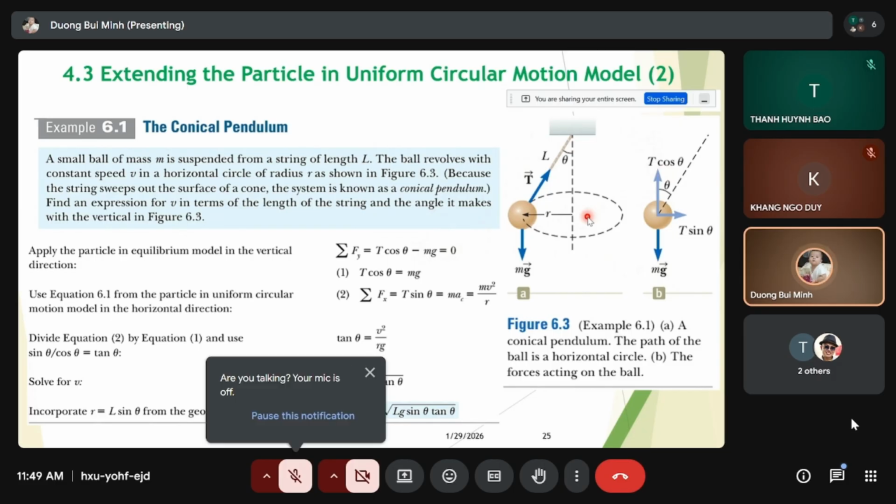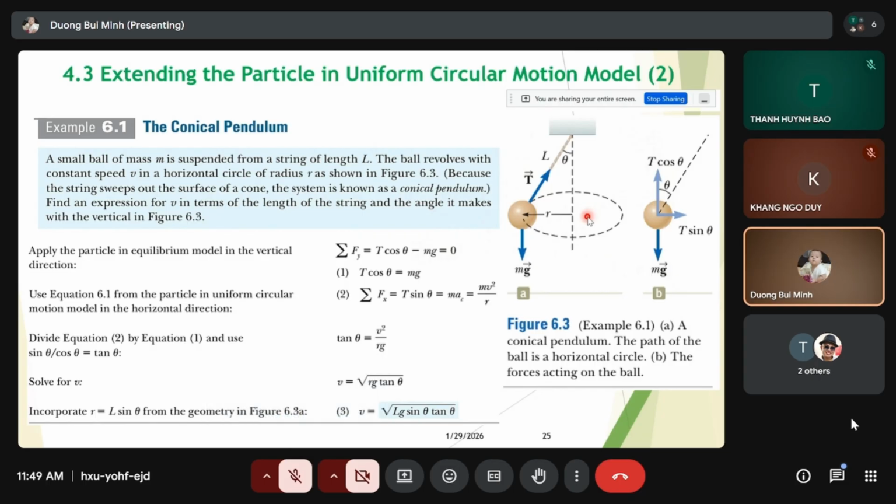Here we have the circle. This one is the y-axis, this one is the x-axis, so this one you get ax and this one ay.